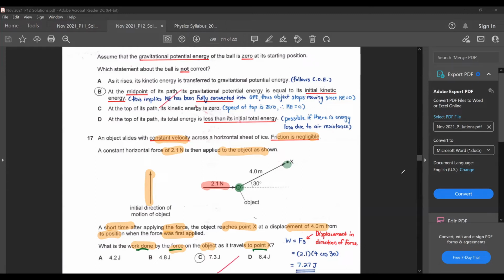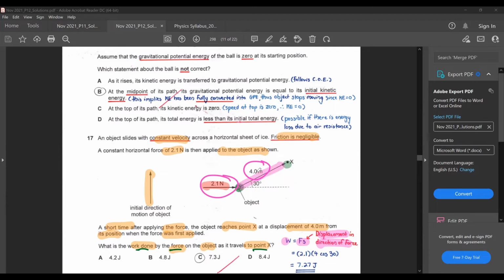You can just use the equation W equals Fs, but please be careful about the s, the displacement that you use. Displacement is the displacement in the direction of the force. Your force is horizontal, but this 4 meter is diagonal.